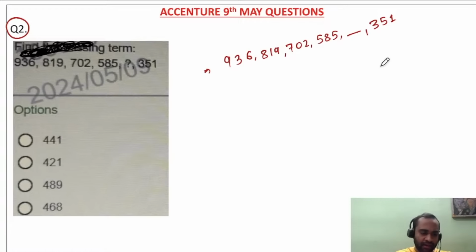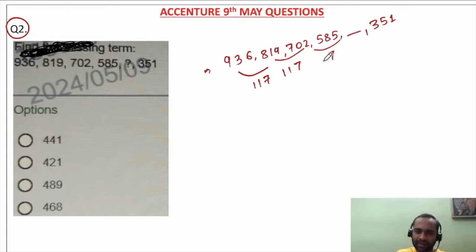Now you have to solve this particular problem. It's not easy to tell if it is the 23 table or which particular number table it is. So in number series questions, don't do it like this. You can easily get the difference. 16 minus 9 is 7, and 1 1. Here also it is 7 1 1.